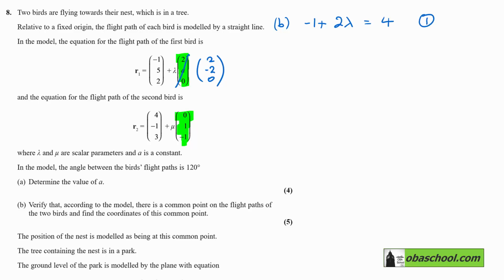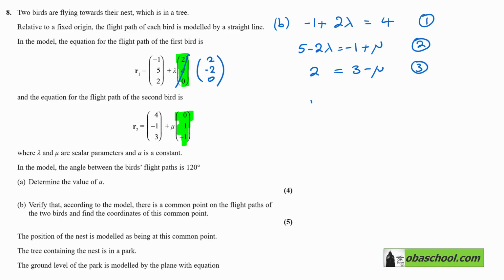Let's call that equation 1. And then we would have 5 minus 2 lambda is equal to -1 plus mu. Let's call that 2. And then we would have 2 is equal to 3 take away mu.